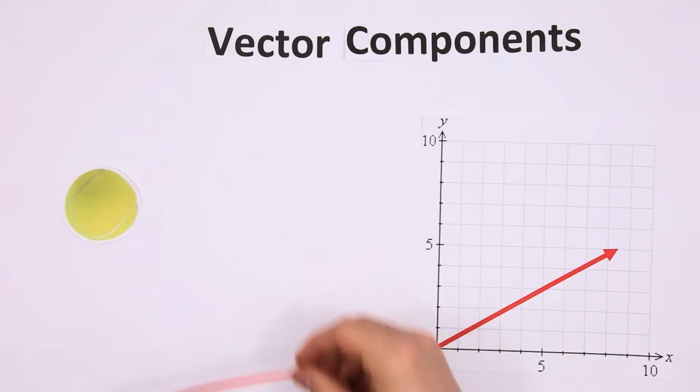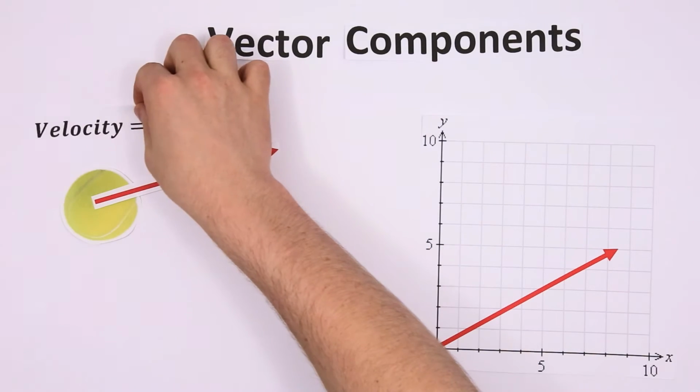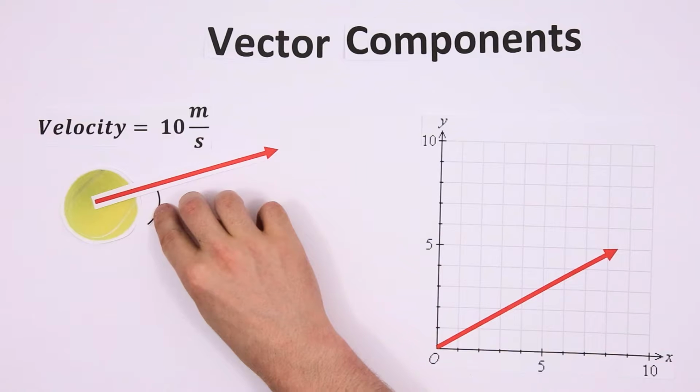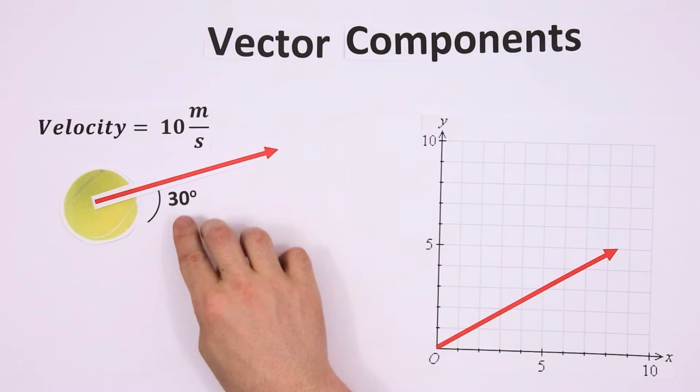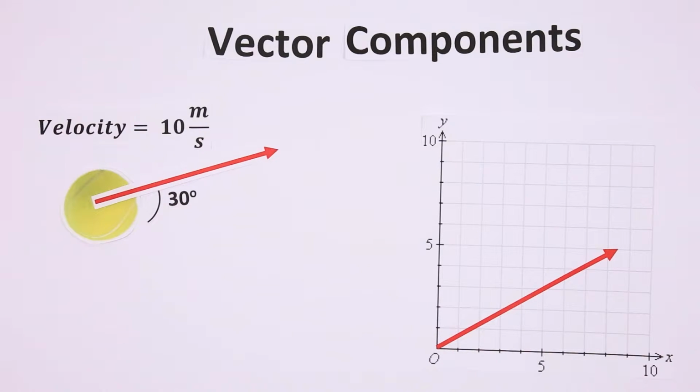Let's say you throw a ball at 10 meters per second at an angle of 30 degrees to the ground. We know that since this ball is travelling at an angle, it must have both a horizontal and vertical velocity component. We will call these v horizontal and v vertical.